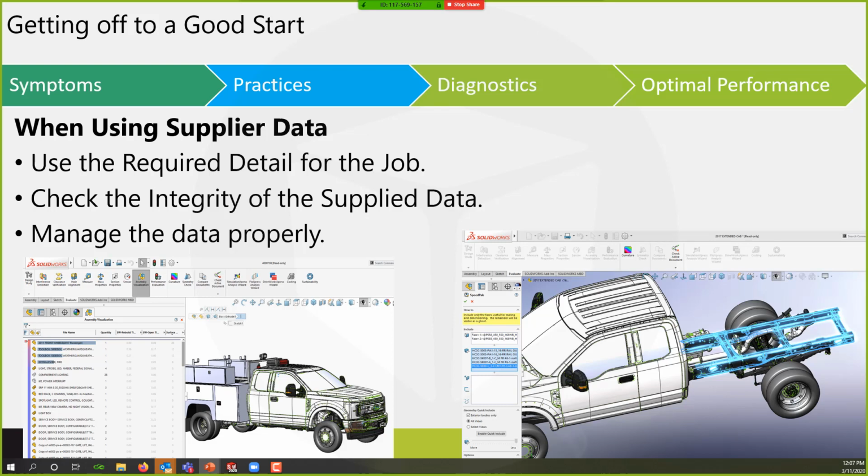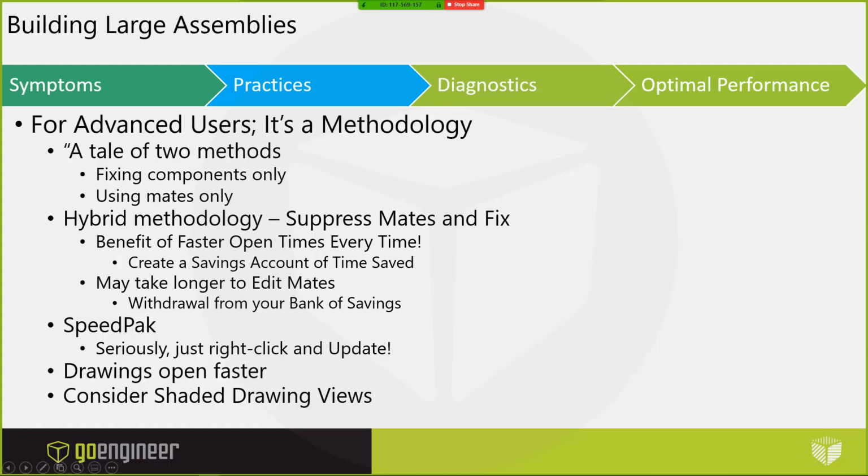So if we have several thousand components in one file location, SOLIDWORKS has to search through all of those from top to bottom, regardless of whether or not that file is relevant to the current assembly we're opening. So we want to make sure that our files are in appropriate buckets, in appropriate folder structures, so that SOLIDWORKS doesn't have to spend as much time searching through large numbers of files.